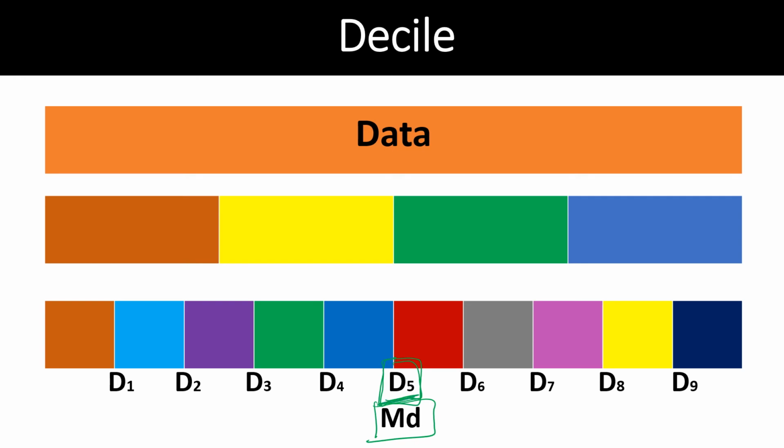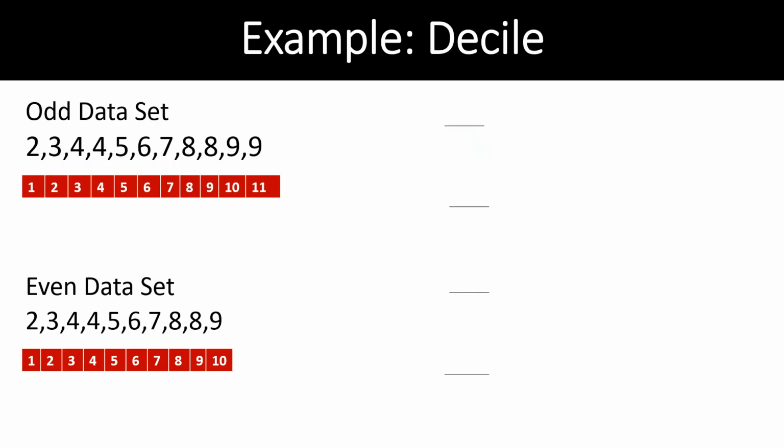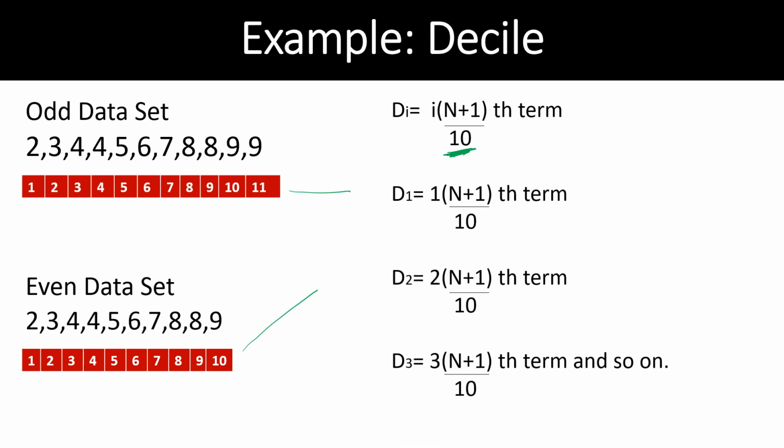To calculate decile, again for both the data set odd and even, we have the similar formula, which is Di equals i times (n plus 1) divided by 10. Now why it is 10? Because decile divides the data into 10 equal parts. Now by using this formula, I can calculate anything, D1, D2, D3 and so on.